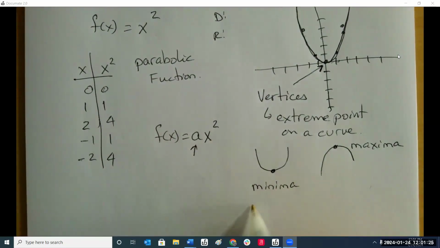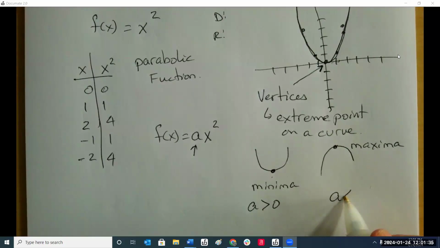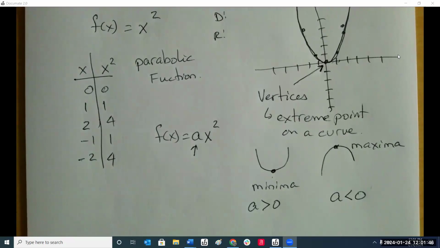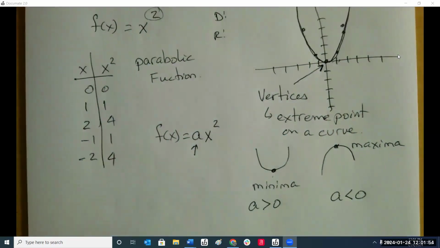If a is positive, then our graph opens up. We'll have a minima. If a is negative, it opens down and we'll have a maxima. Again, by looking at these, we know what it's basically going to look like. And I'll get to what these really mean in a little bit.